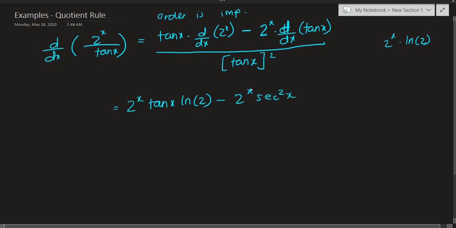Secant squared of x, right? Divided by tan of x, the whole thing squared, is tan squared of x. So that was our example number 1 under the quotient rule.